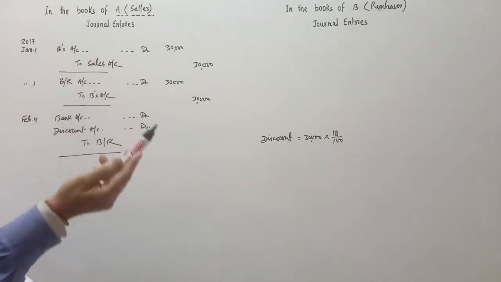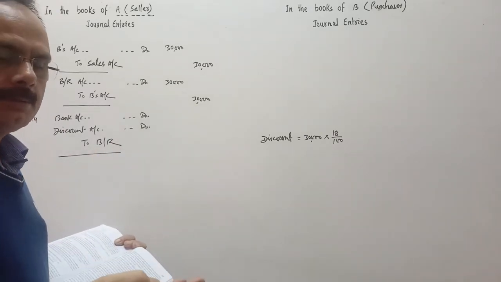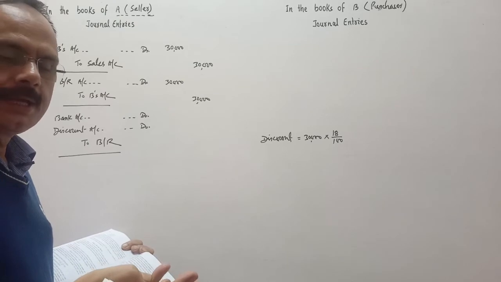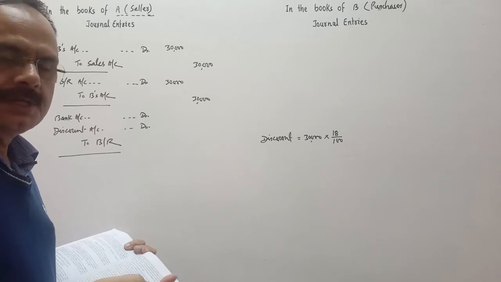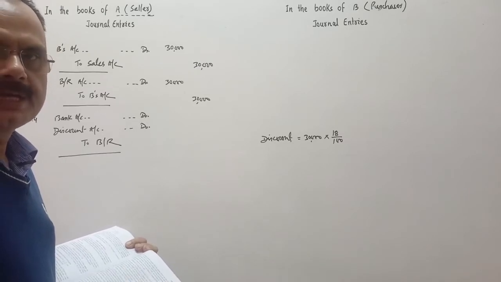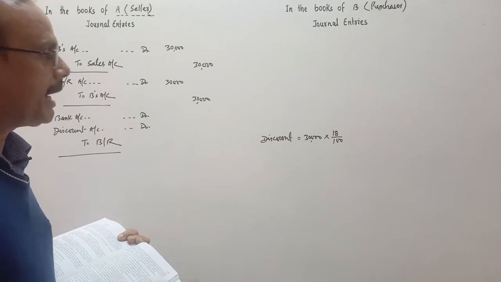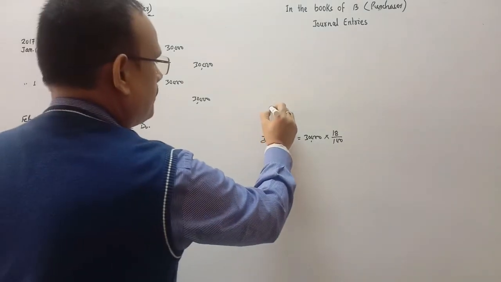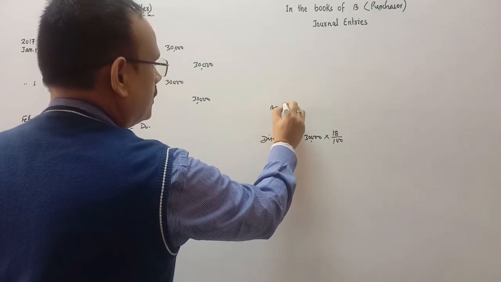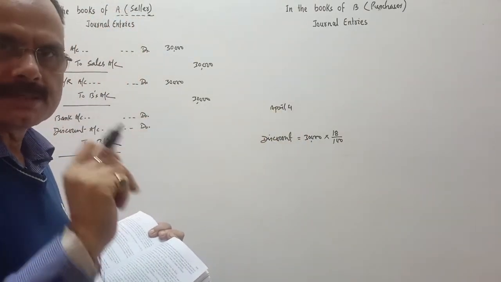Its due date will be January to February 1st, February to March 1st, March to April 1st, plus 3 days of grace, April 4. So April 4 is the due date, because the bill is of 3 months.